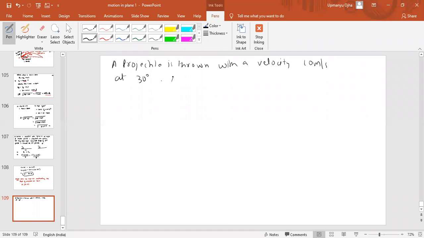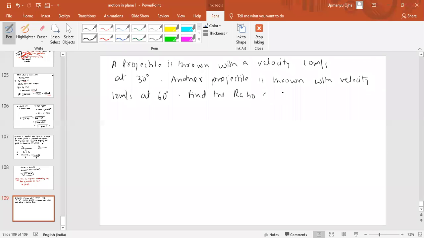Another projectile is thrown with velocity 10 meter per second at 60 degree. Find the ratio of the range. Can you solve the answer now?